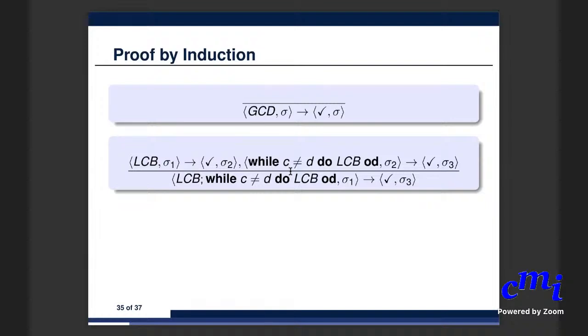See, the halting problem is undecidable. All I'm saying is, if I'm able to prove this, given these two proofs, then I know that my original GCD program is terminating. So what you're asking is, how do I prove non-termination?